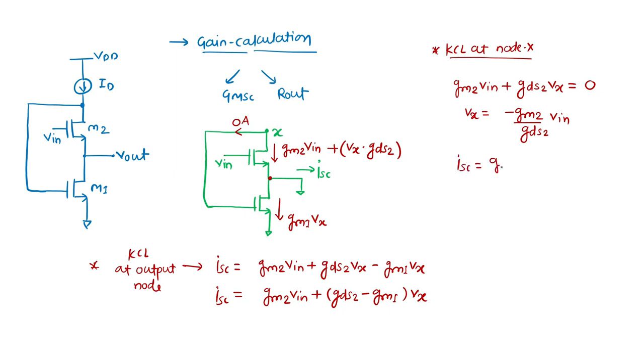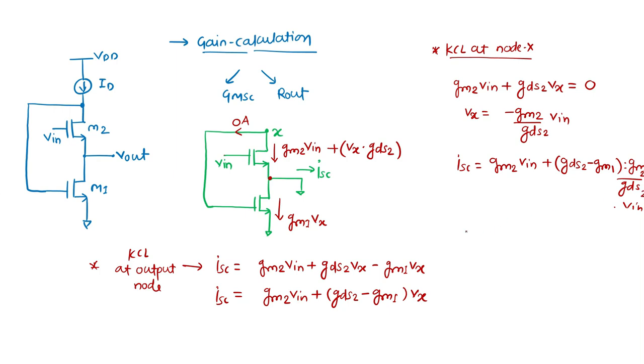Okay, now let's put this into the first equation. ISC equal to GM2 Vin plus (GDS2 minus GM1) into GM2 by GDS2 into Vin. The space is less, so the negative sign is also there.